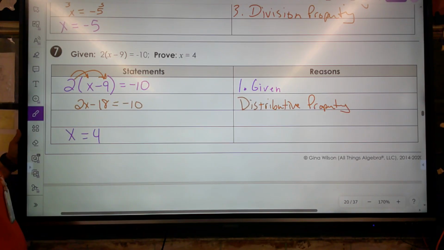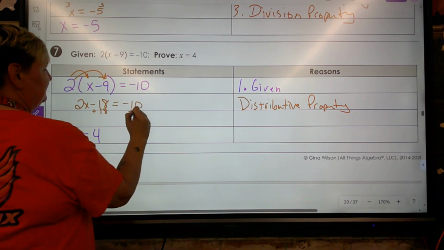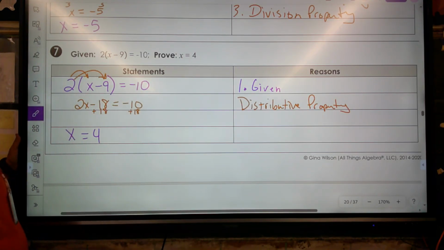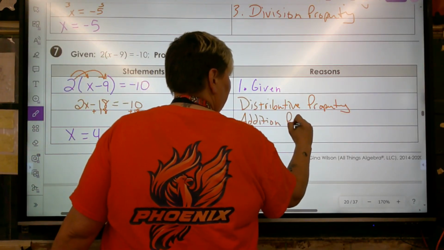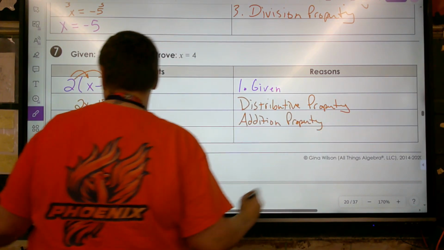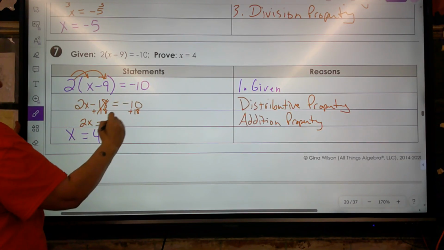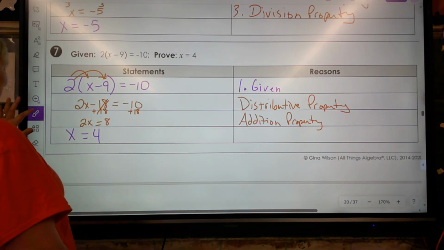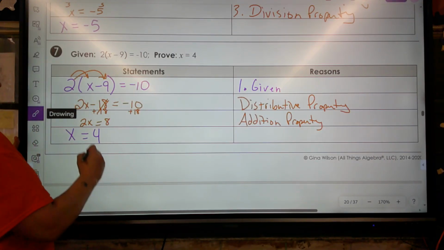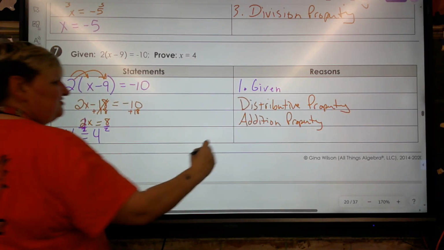This one's not going to have enough lines. I think they had it backwards. We'll work with it. All right, then we're going to add 18 to both sides to get rid of the negative 18, get rid of the constant. So we're going to use addition property. And that's going to give us 2x equals 8. Oh, there's just enough space. And then the final step is to divide to cancel the coefficient. So that's division property.